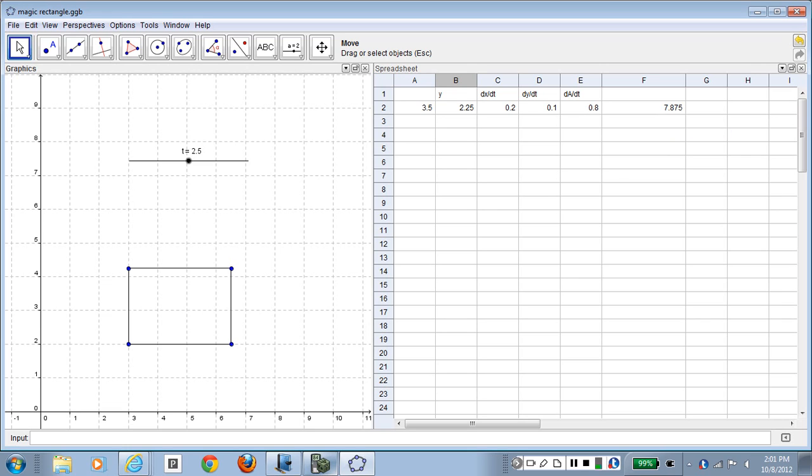Well, according to the spreadsheet here, can you read that tiny number right there? 0.8. According to the spreadsheet, the area is increasing at the rate of 0.8 of a square meter per second. So what's our best guess as to what the area will be 1 second from now?